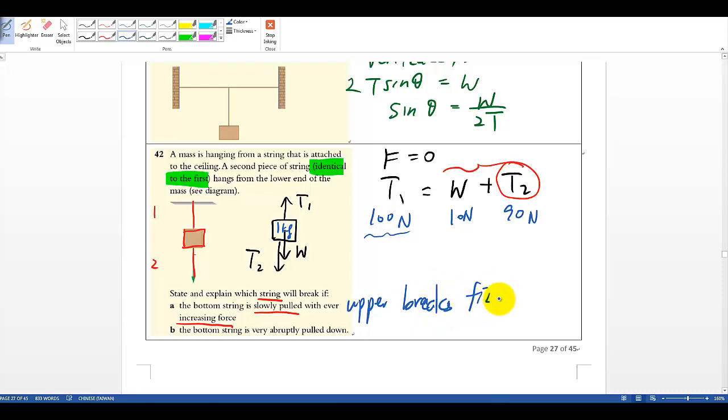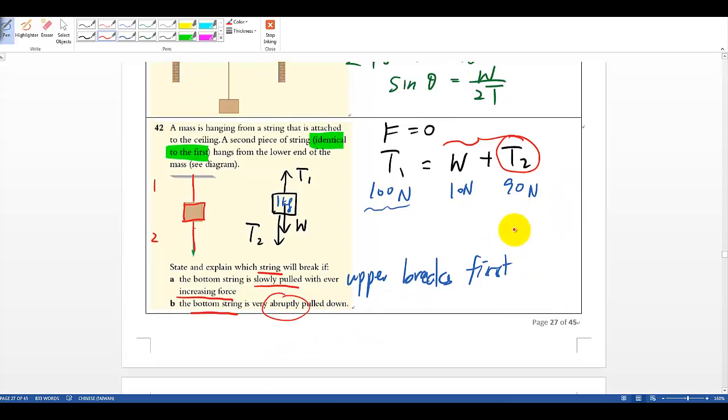Okay, there's a video I'll show you later on of an actual physical experiment, and you can do it too if you get this set up right. Part B is asking what if we pull the bottom string abruptly, that means a sudden pull down.